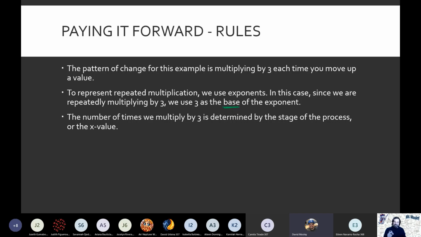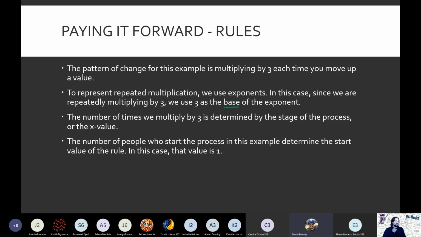So the exponent is the placeholder for whatever stage I'm in, which we'll call x.